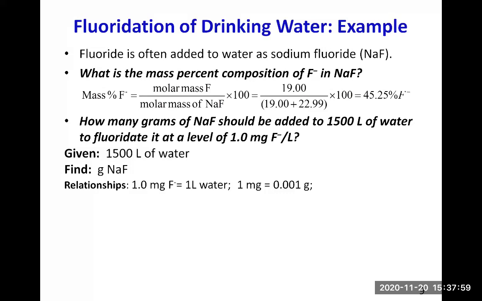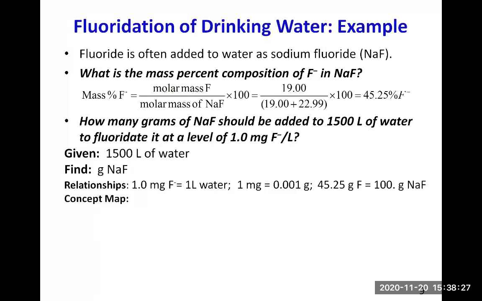Once we have the grams of fluoride, we can then use the mass percent of fluoride to get the mass of sodium fluoride. And so we need to use the percent composition of fluoride in NaF, and that's 45.25 grams of fluorine in 100 grams of NaF. So that's how you want to use the mass percent of fluorine.